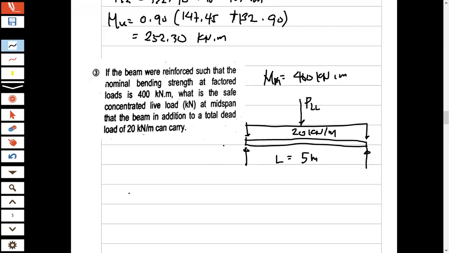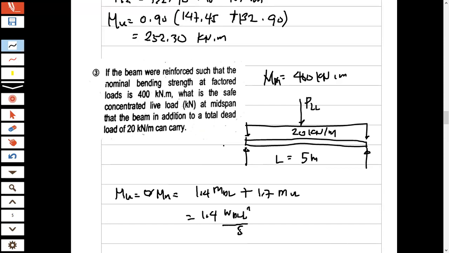So Mu here is just equal to the reduction factor times Mn, which is equal to 1.4 moment dead load and then 1.7 moment live load. The 1.4 dead load, due to this uniform load, W dead load L squared over 8.